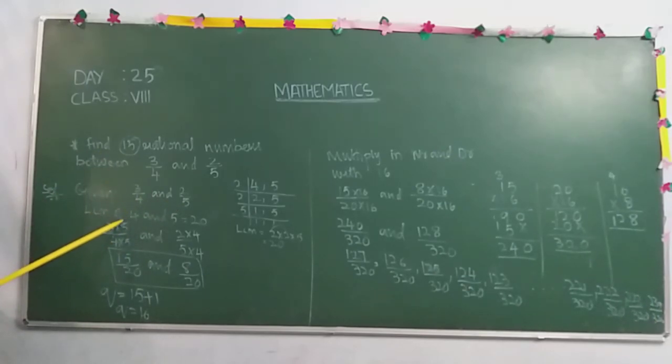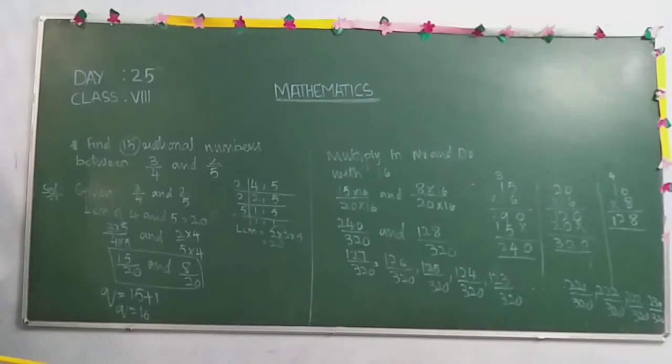So we have taken the LCM. After taking out the LCM we got these numbers. Now we need to follow the same procedure as in the previous problem. Whatever numbers are given, whatever we got here, we need to keep as they are. Then how many numbers is he asking in the question? 15. We need to do 15 plus 1, 16. Yes, in the previous problem also we did that.